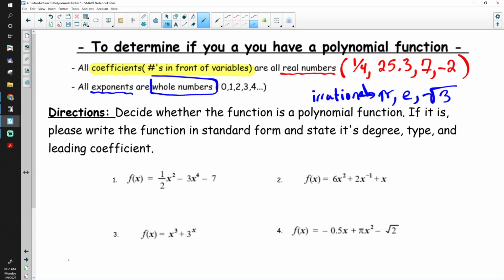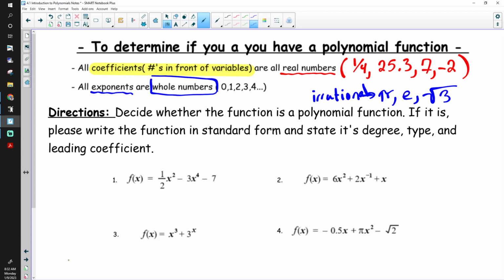You can't have fractions, decimals, negative numbers, and you most definitely can't have irrational numbers. So if all your coefficients are real numbers and all of your exponents are the numbers you count by, then it's a polynomial.